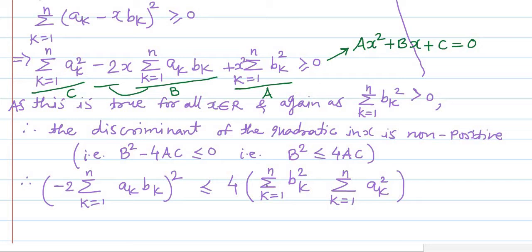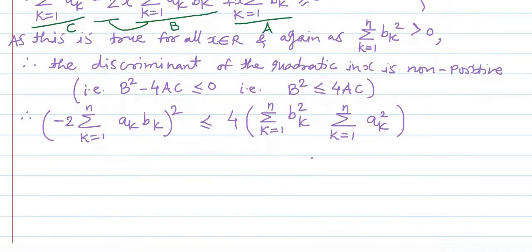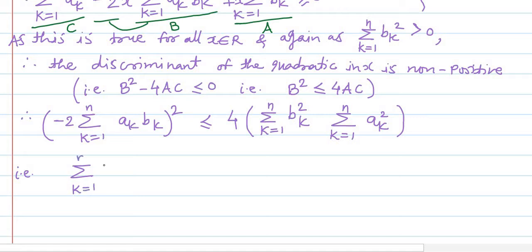So simplify this one. Simplifying this one, what we'll get? Square of minus 2 is 4, and to the right side also we have the 4. This 4 will get cancelled with this 4, and we will be left with summation over k equal to 1 to n ak into bk whole square.